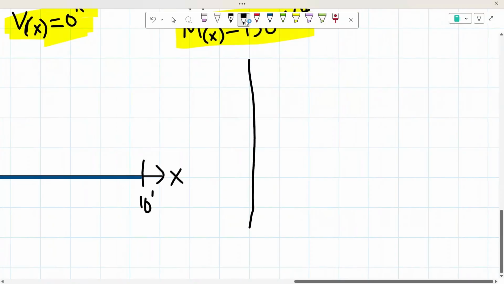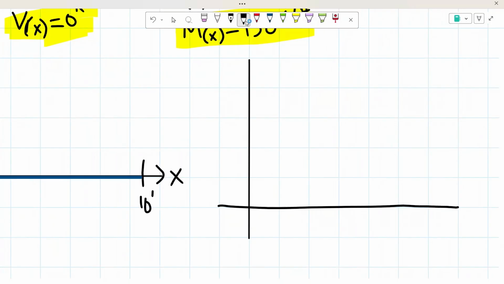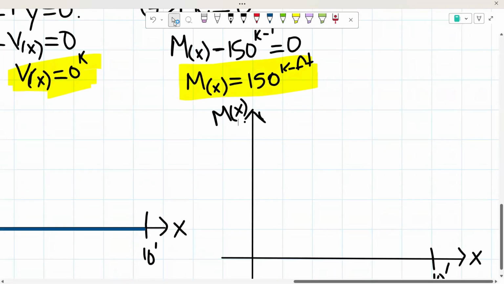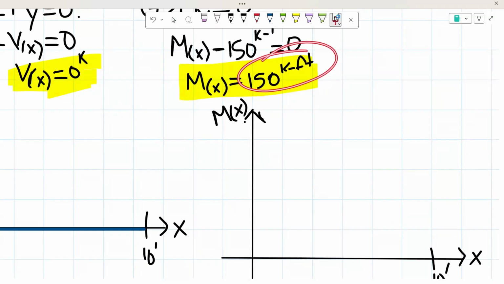Now for our moment diagram, once again, our x-axis is going to determine our length. So we know that our beam goes up to a length of 10 feet. From there, our y-axis is going to determine our moment value. And as you could see, our moment at x is constant because there is no variable right here.